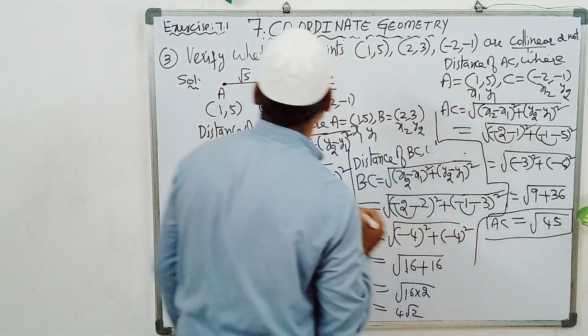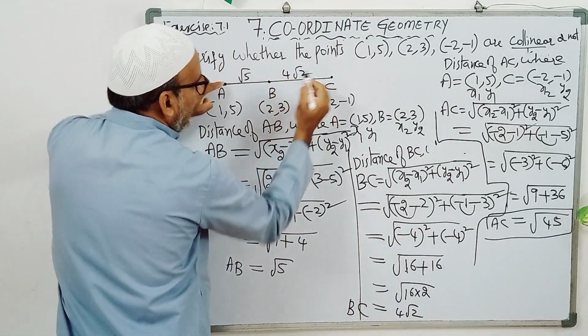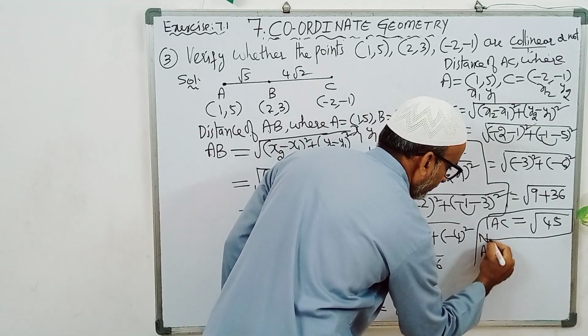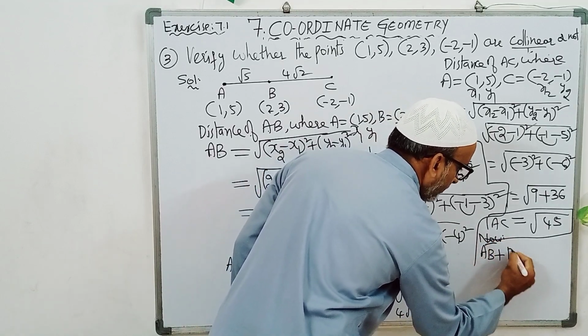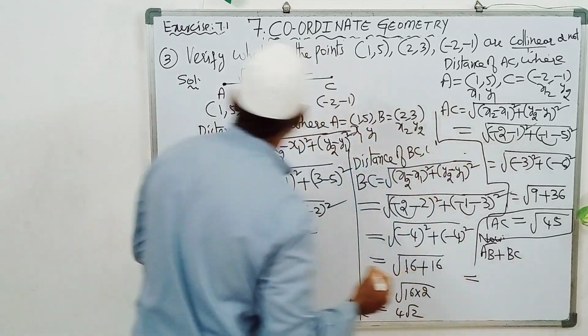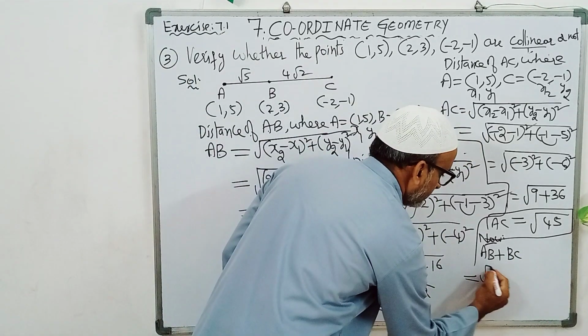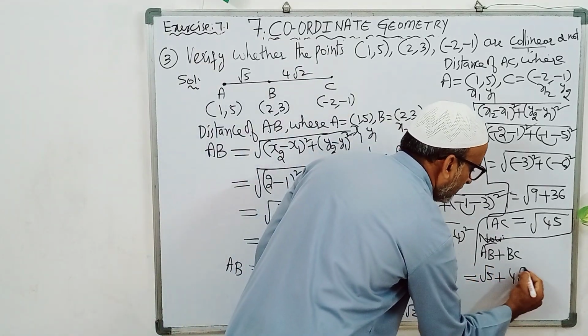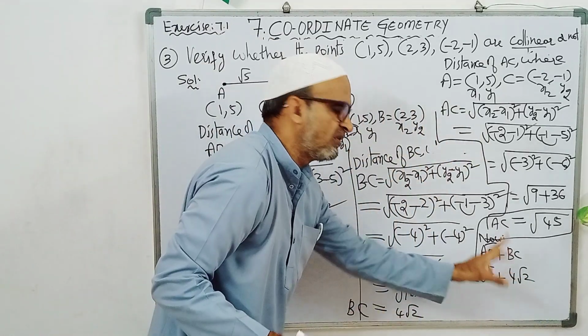Now what we should do, you should add these two values, AB plus BC. AB is root 5 plus BC is 4 root 2. We cannot simplify this.